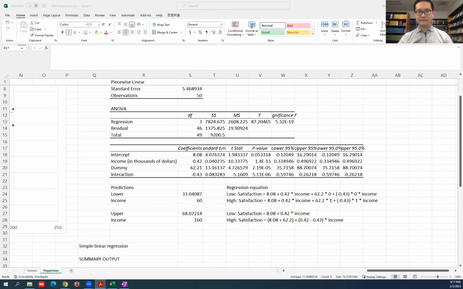Hey, Jerry. It looks like if dummy is 1 and not 0, then it will be included in the equation and it will affect the y-intercept, so the height of it, and then the interaction is the one that affects the slope. How did I do? Not bad. You interpreted it correctly.